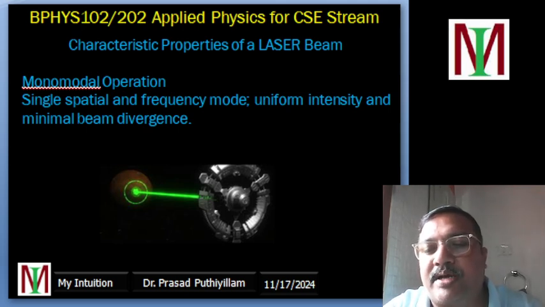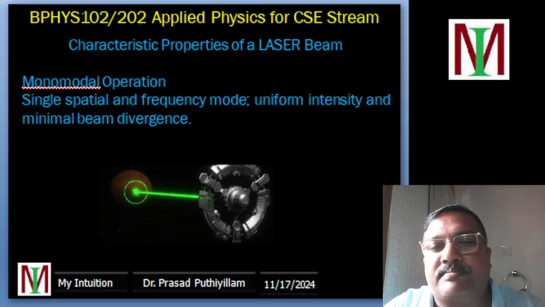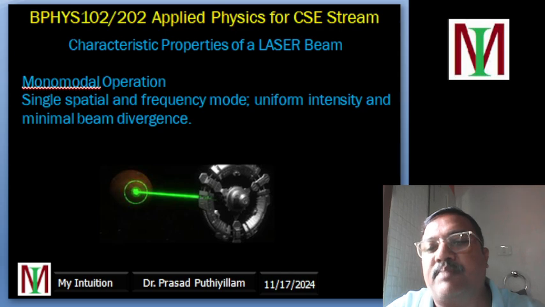So a monomodal laser has a single mode of operation. Single mode of operation means it produces a single frequency and a single spatial mode of light.